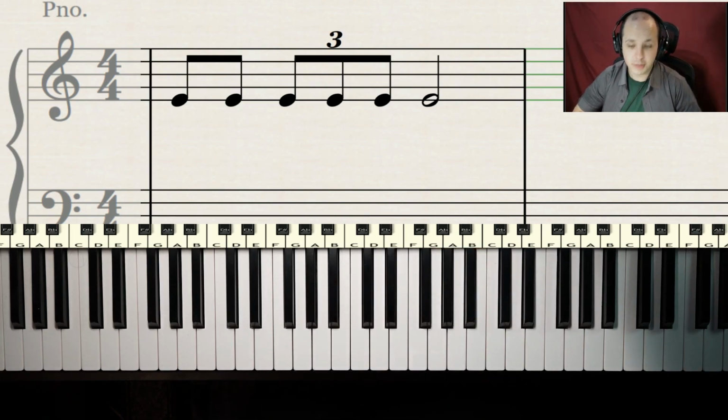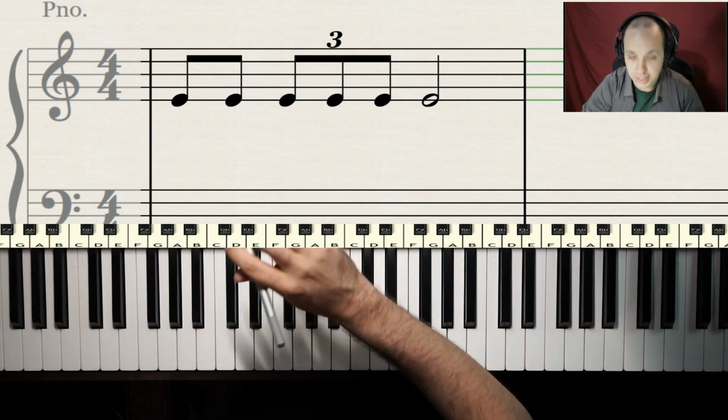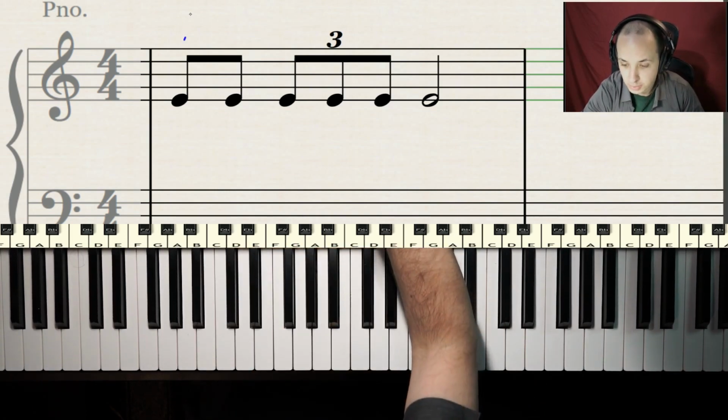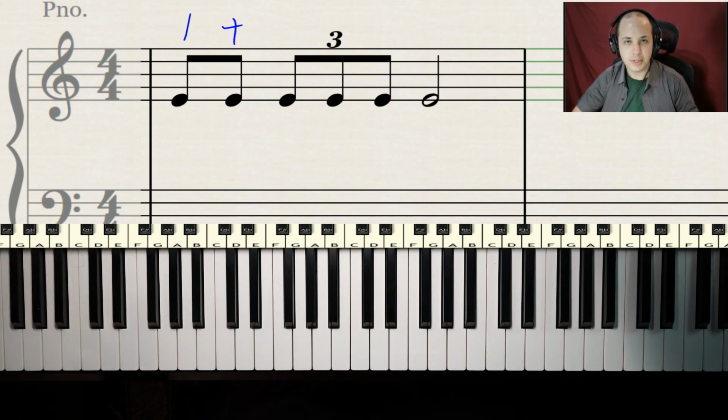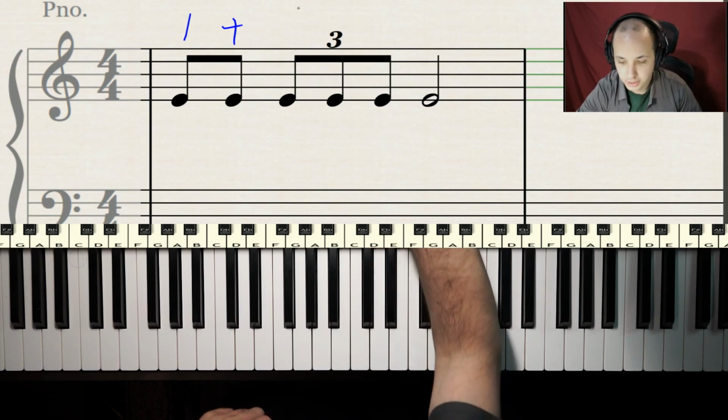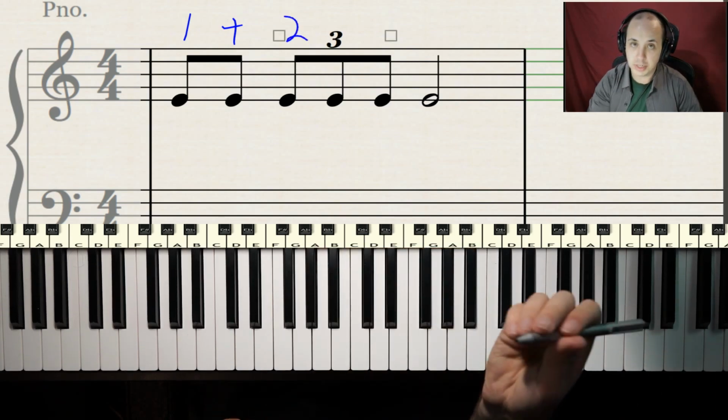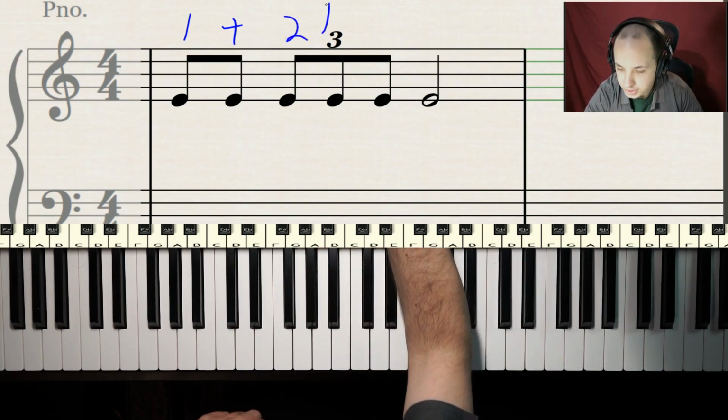Okay, here we have another rhythm. So we have an eighth note, right? 2 eighth notes. We know that's counted as 1 and. Now, how do I count the triplet? Think about it to yourself based on what I said in the last segment. You're going to count 2, right? That's the beat we're on. Pretty simple. Then you're going to say triplet.